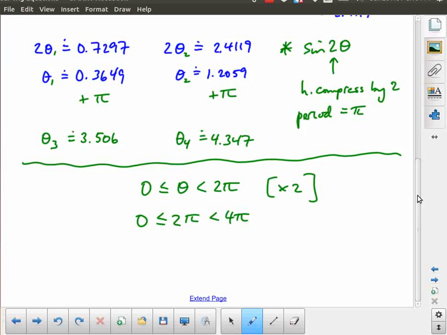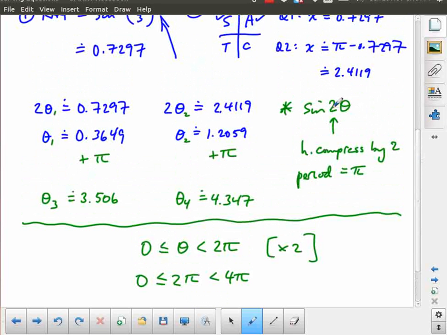So however you prefer to look at it, if you want to look at this as a compression, then that means the period of the transformed function is only pi, which means I need to fit an extra period in, which means I add 1 period to each of those. Or you can look at the interval that we're considering, and you can modify that interval to match the equation, because the equation was written in terms of, I wrote pi here, I should have written theta.